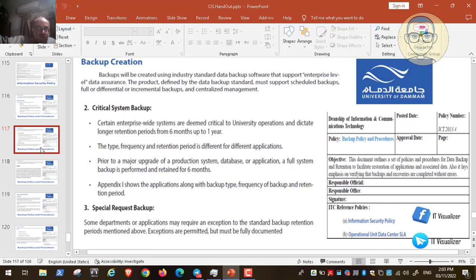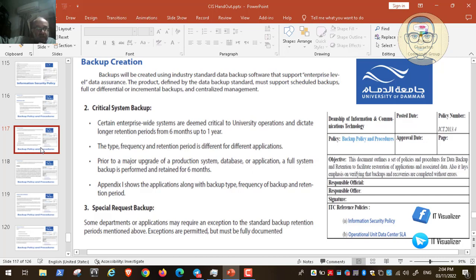I think this standard backup is related to maybe public data or internal data. Critical system backup, I think it is talking about high confidential and confidential data, and its retention period is from 6 months up to 1 year. And I think backing up these critical systems should be daily maybe.